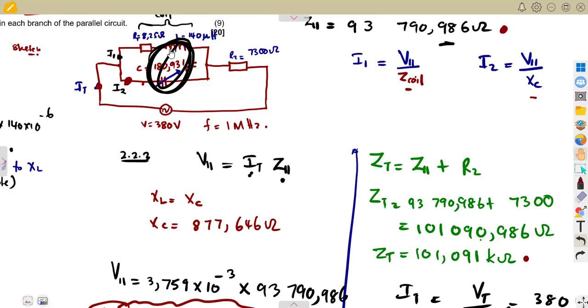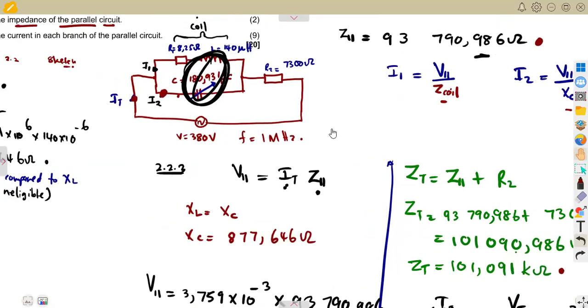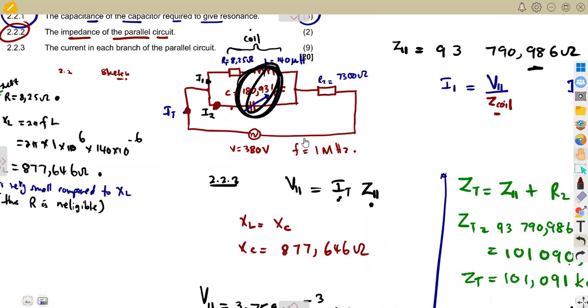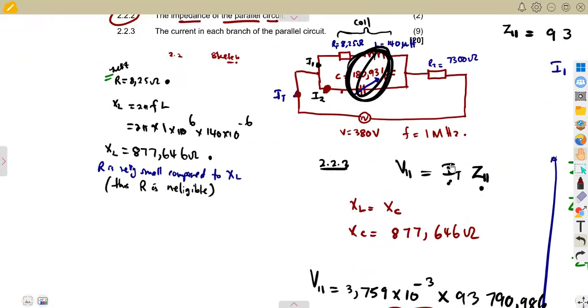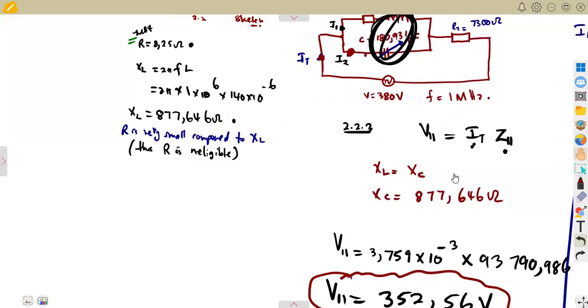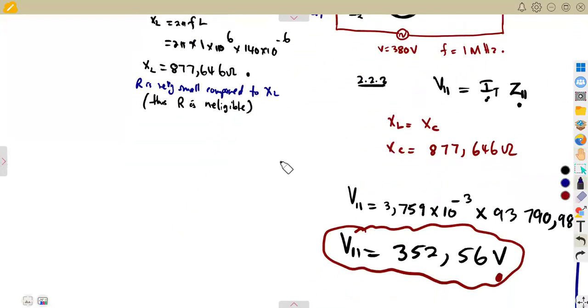Remember when we calculated the part of the coil here, our XL, we considered the resistance to be negligible. So if you are to calculate the impedance, this is what you're going to have. We're just going to have Z coil. There is a resistance, so we're going to have R squared plus XL squared.